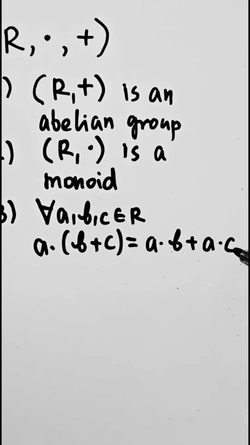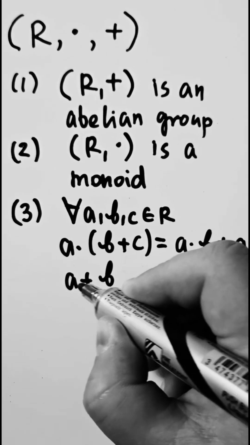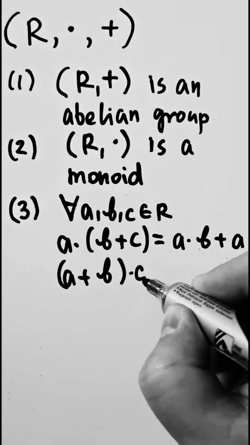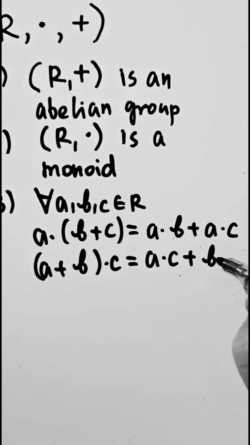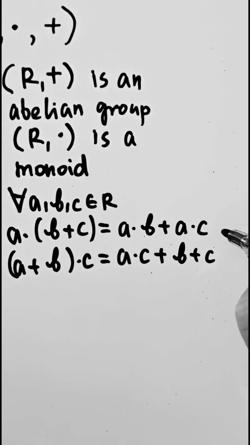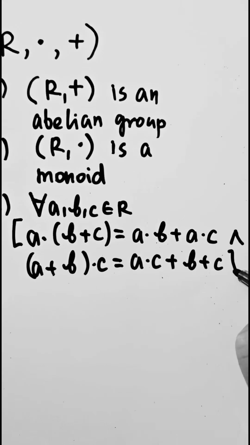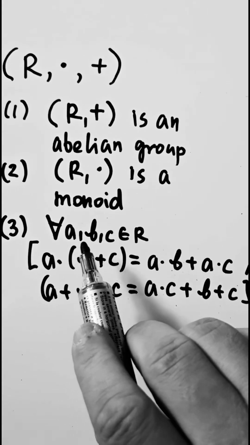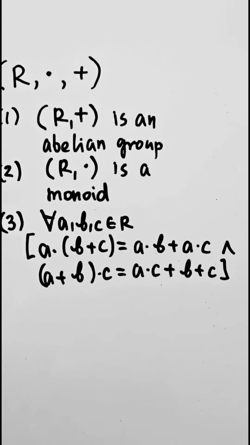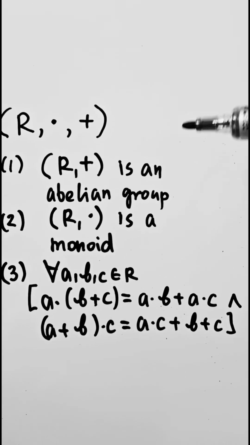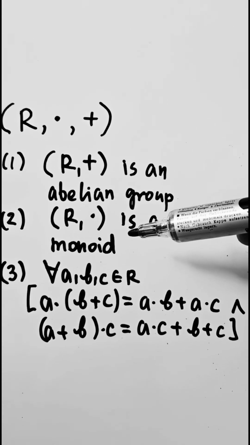And similarly, on the other side, (a plus b) times c must equal a times c plus b times c. Both of these equalities must hold for all a, b, and c in R. Now let us recall what it means to be an abelian group and what it means to be a monoid.